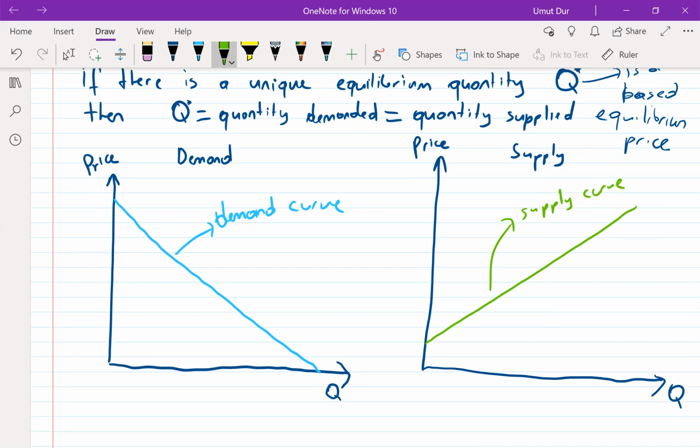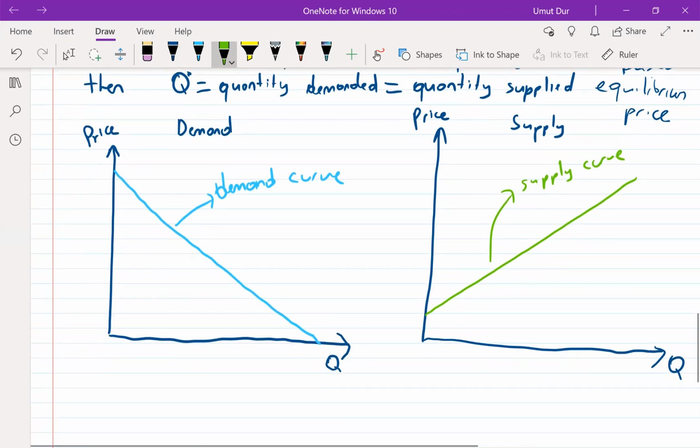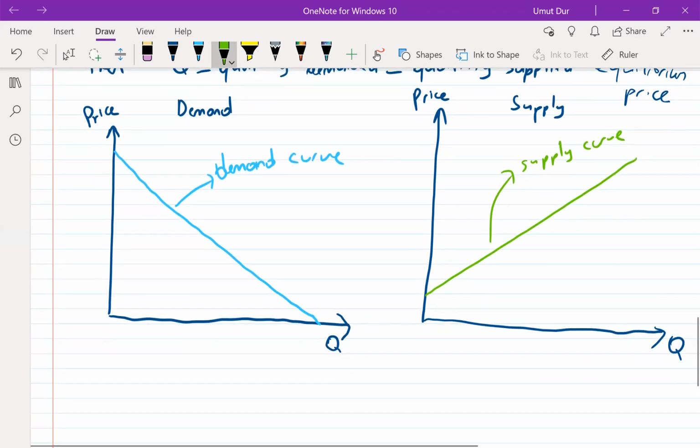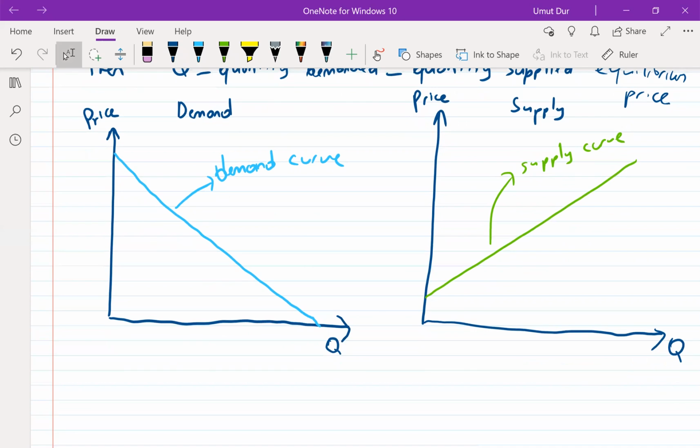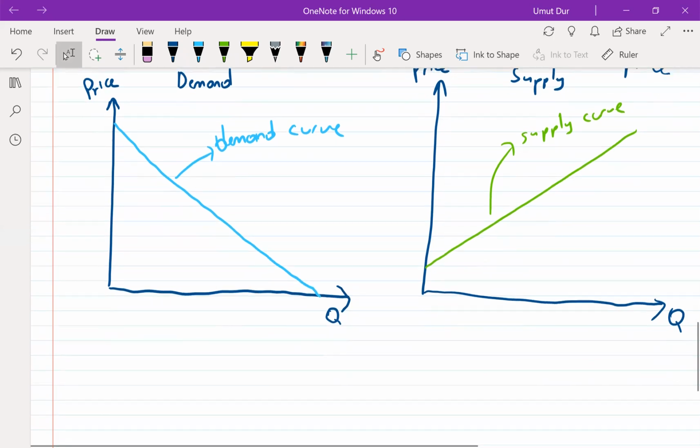Is there a reason why I am drawing them on separate graphs? Can I just draw them on the same graph? There is nothing limiting me from drawing them on the same graph. Then let's draw them on the same graph.